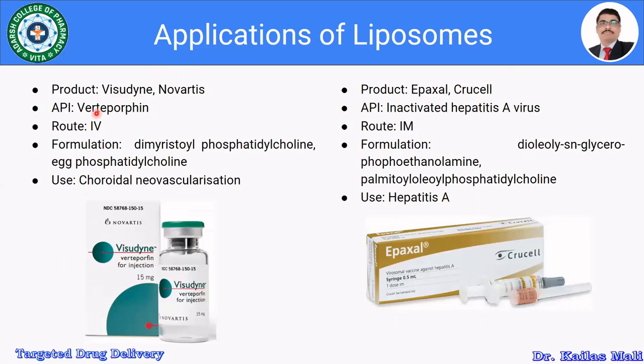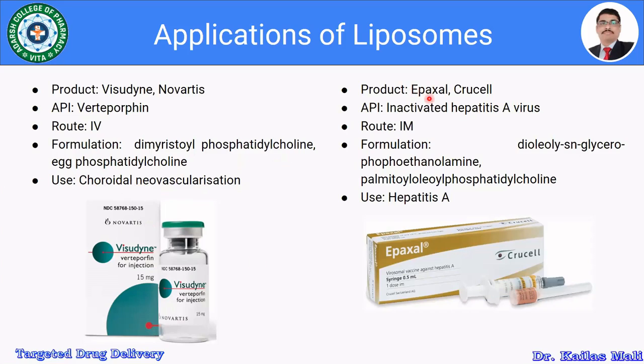It comprises the drug verteporfin given by the intravenous route, and the formulation comprises dimyristoyl phosphatidylcholine and egg phosphatidylglycerol. It is used for choroidal neovascularization, and this is a product, Visudyne.